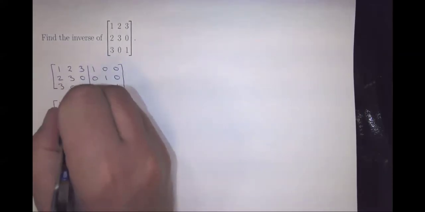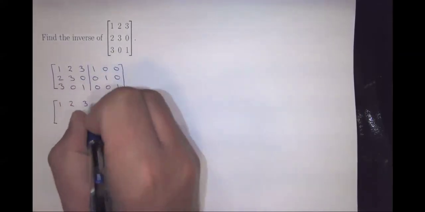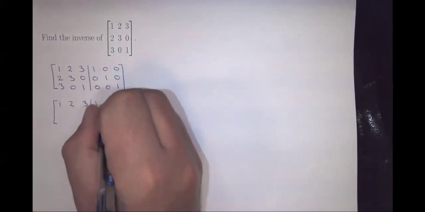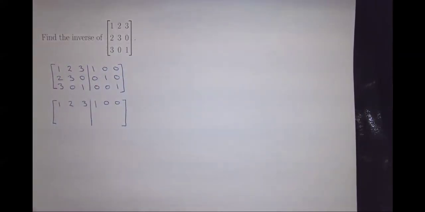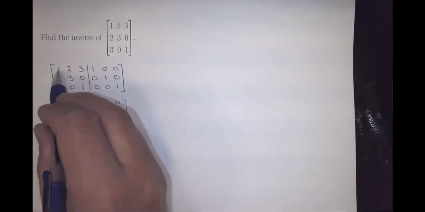So I'm going to leave the first row alone. I'm going to take row 2 and subtract 2 row 1.